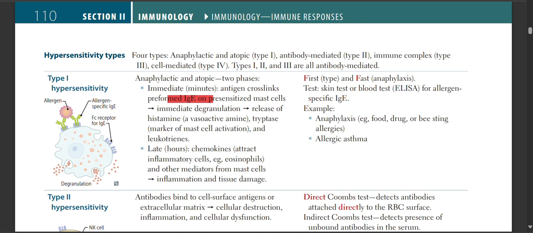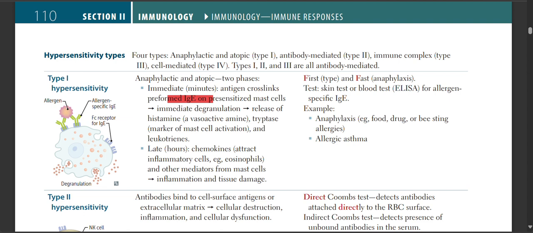Now, what do you think will happen if more immune cells come towards the site where mast cells degranulated? So let's say at the site of inflammation, where mast cells came in contact with the dust particle, there are a lot of immunoglobulins and a lot of lymphocytes which migrate to that area.